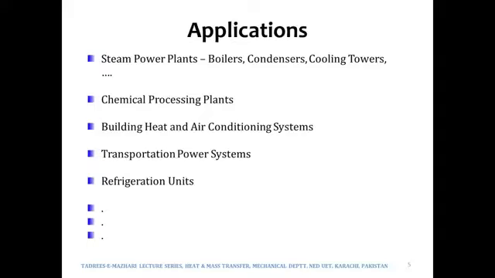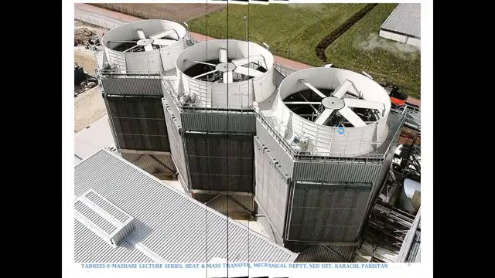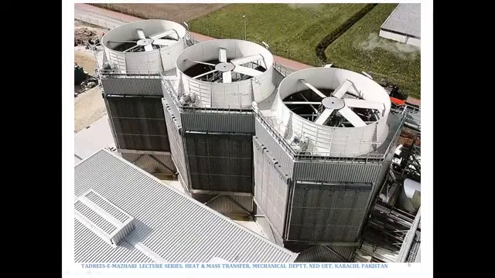So they are in fact heat exchangers. Over here it's a pictorial view of the cooling tower, and probably you would know that there are two types of cooling towers.